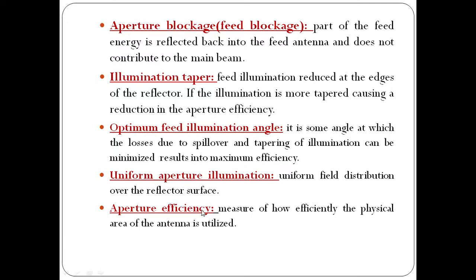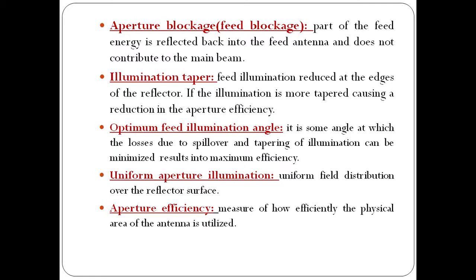What is aperture efficiency? We will be repeatedly using the term aperture efficiency. It is a measure of how efficiently the physical area of the antenna is utilized. If the physical area of the antenna is utilized completely, then the aperture efficiency becomes 100%, and the effective aperture becomes the physical aperture.